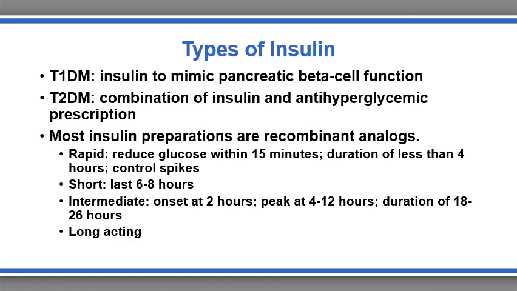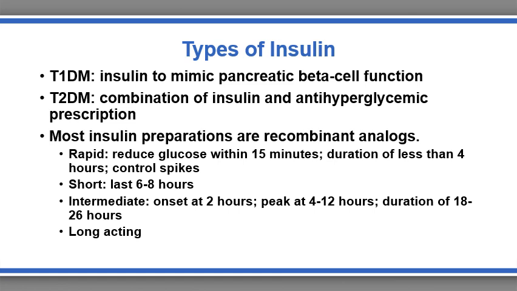Your long-acting insulins, so they're going to go out even further. Toujeo is one of the popular ones, insulin glargine. These insulins don't have a particular peak of action. They just basically provide a steady basal rate over 24 hours. So they don't have a peak of action.